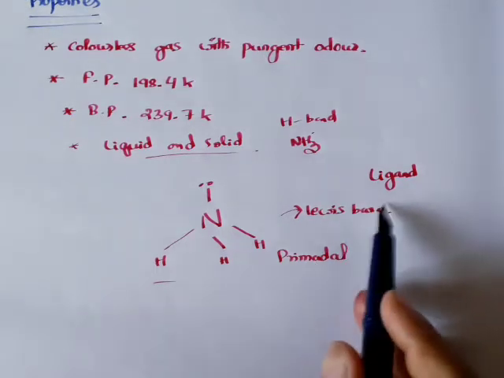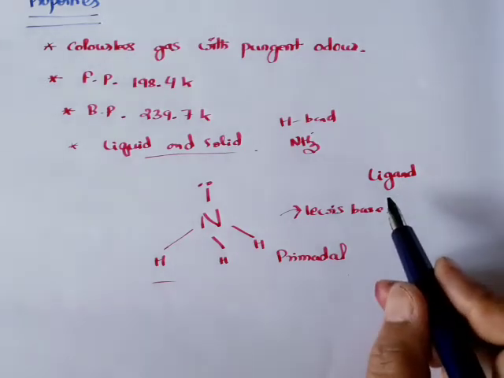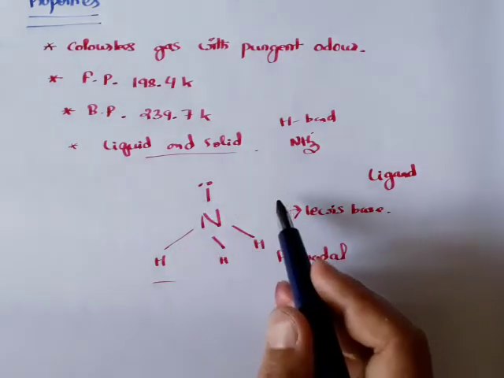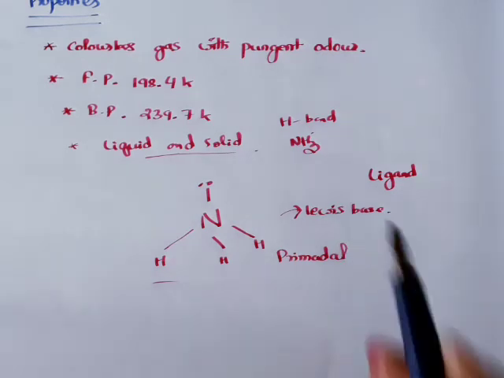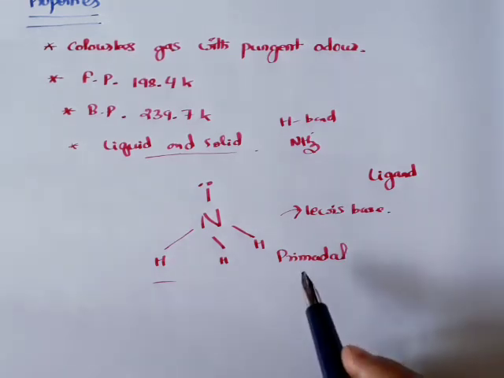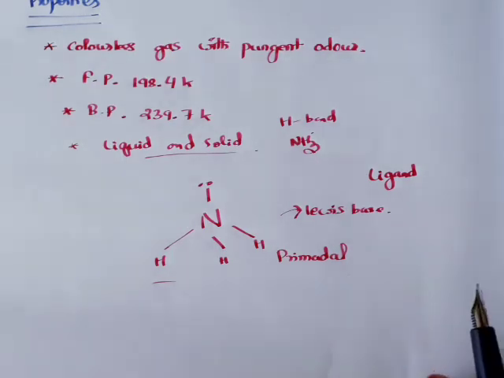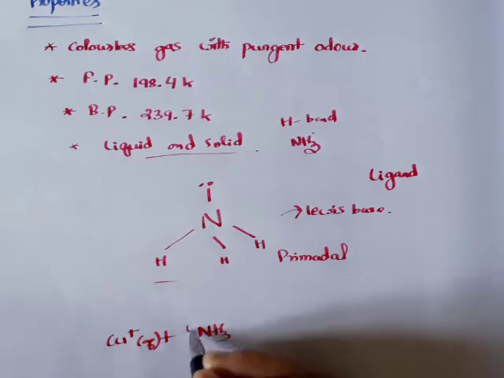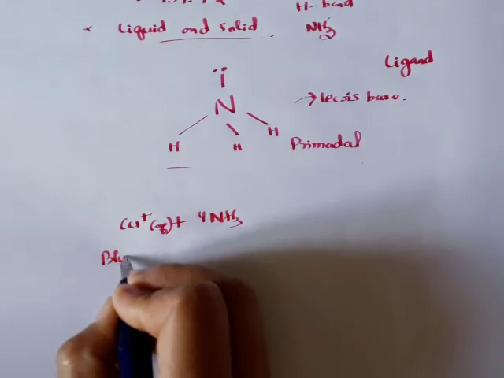We are going to study this in coordination compounds. Because of its property of donating electrons to the metal ion and forming a coordination bond, it is helpful in detection of metal ions such as copper ion and silver ion. We know the color of copper sulfate, right? What is the color of copper sulfate? It is blue, right?